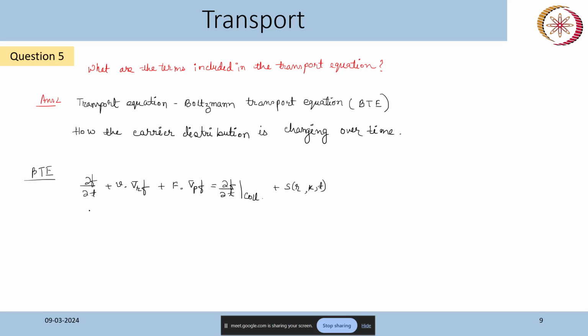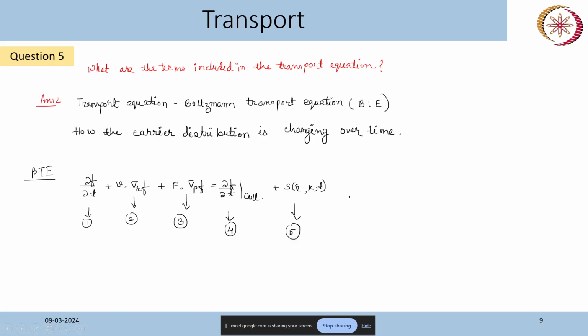Okay, so here we have a total of 5 terms: 1, 2, 3, 4, 5.